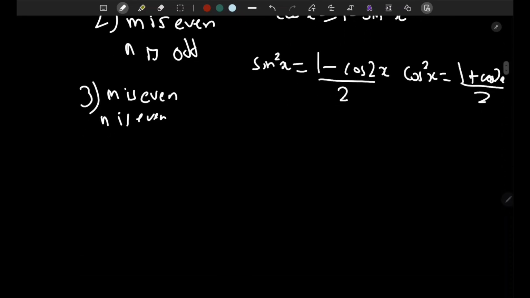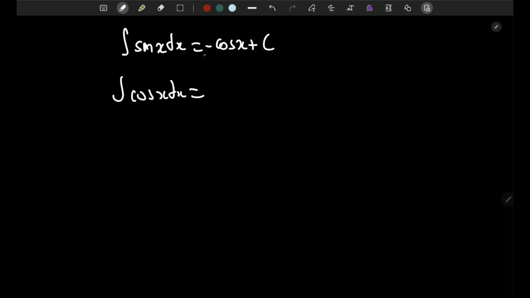Now some more things that you need to remember are the basic integrals. The integral of sine x dx is negative cosine x plus c. The integral of cosine x dx is equal to sine x plus c, and the integral of secant squared x dx is equal to tan x plus c.